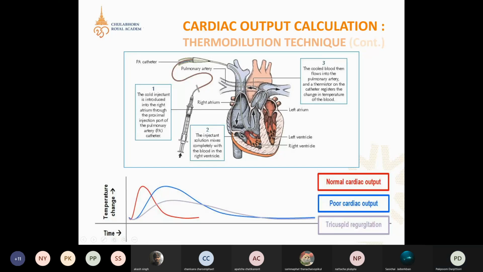So the rest of the blood goes through the pulmonary valve to the pulmonary artery until the mixed blood reaches the thermistor at the end of the catheter. It may take a bit more time.